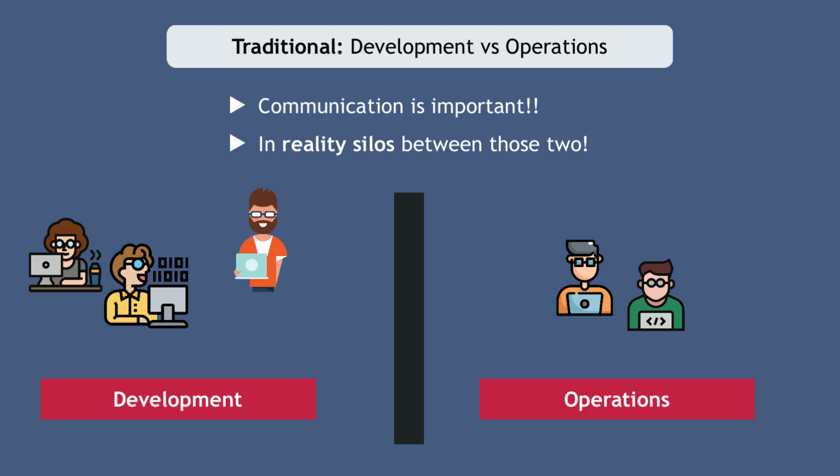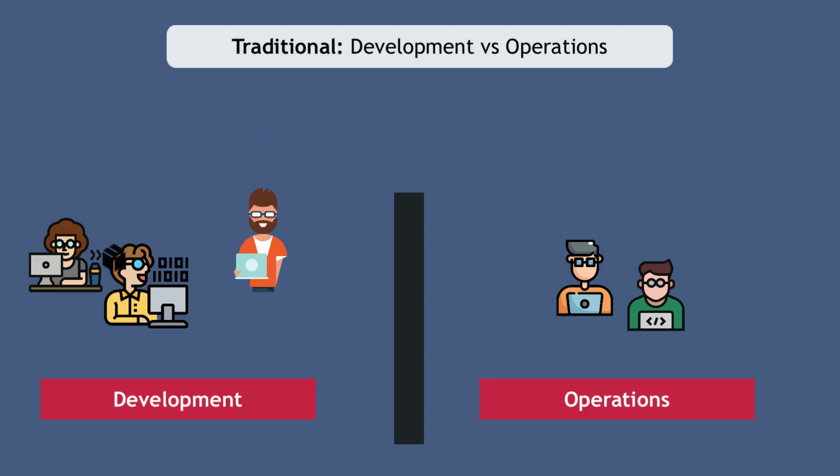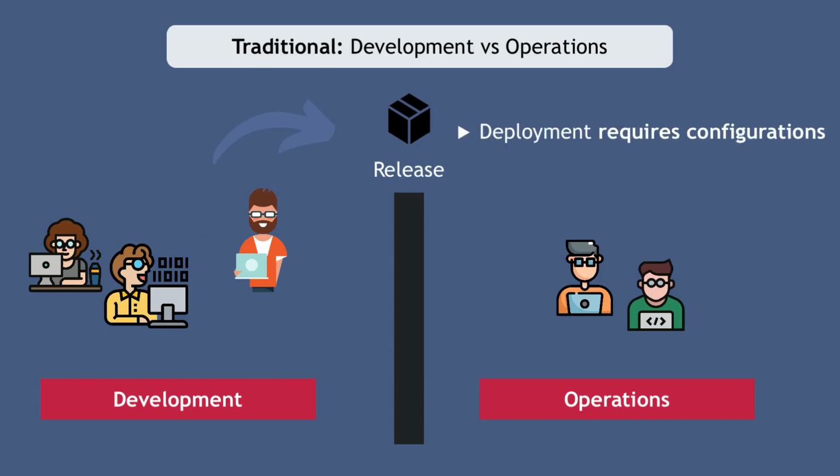In reality, how this works is that developers develop the application, testers test it, and basically it is ready to be released on the production server or to be handed over to the operations team. Releasing and deploying that application and running it by the operations team mostly requires some kind of instructions because that application has some dependencies. It needs a certain configuration.